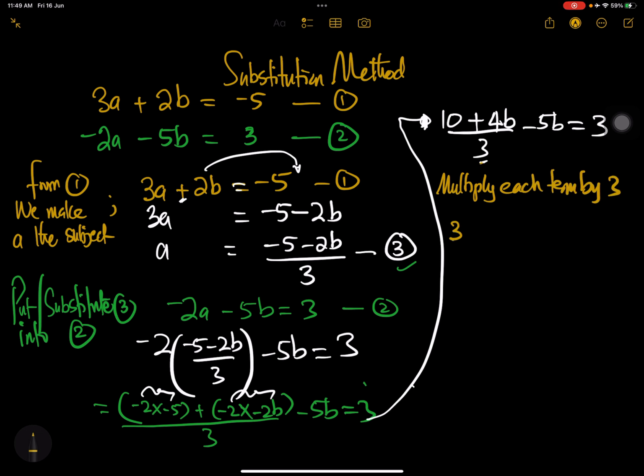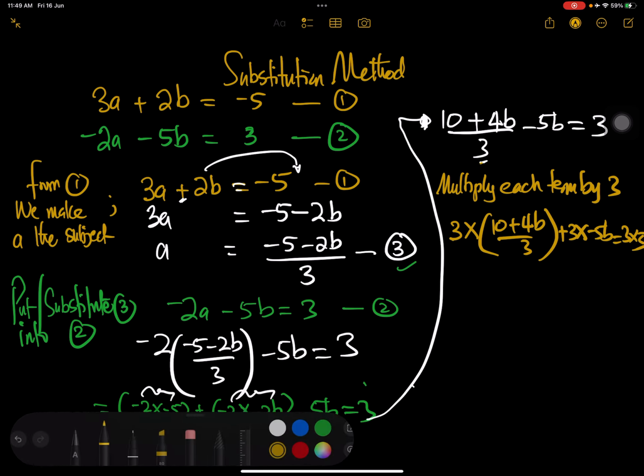So we have 3 multiplying 10 plus 4b over 3, and then we also have plus 3 multiplying negative 5b, which equals 3 times 3.